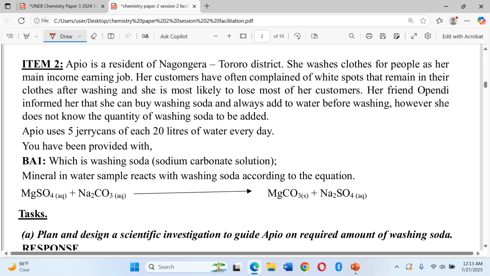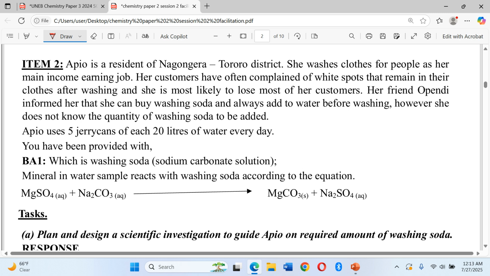Apio is a resident of Nagongela, Tororo district. She washes clothes for people as her main income earning job. Her customers have often complained of white spots that remain on their clothes after washing, and she's most likely to lose most of her customers.